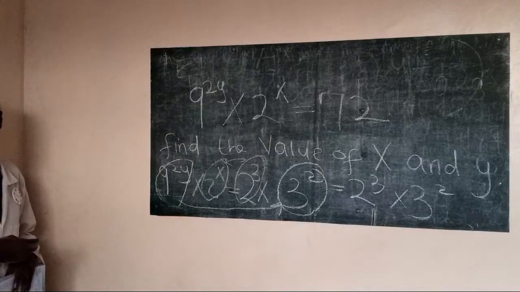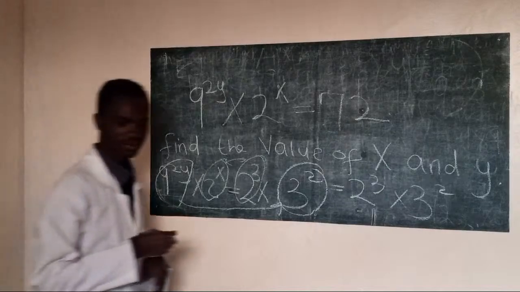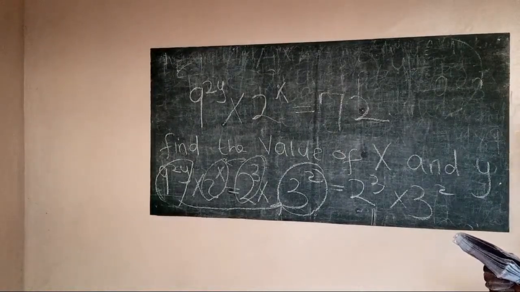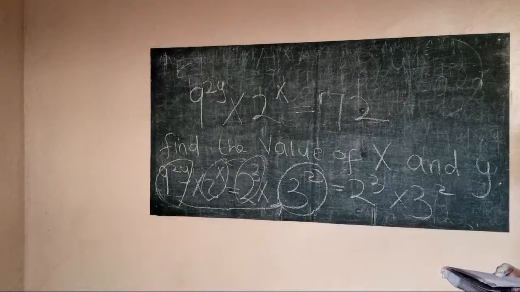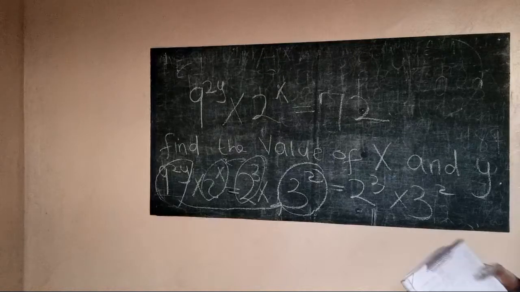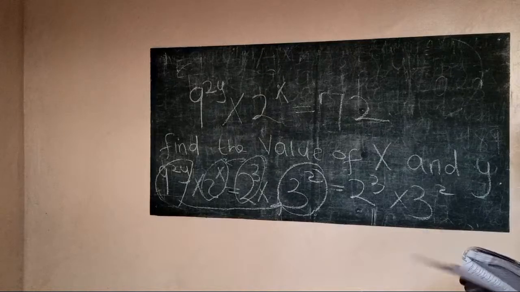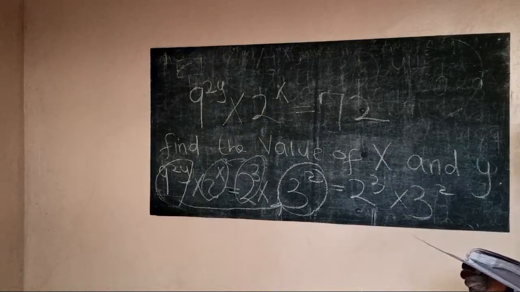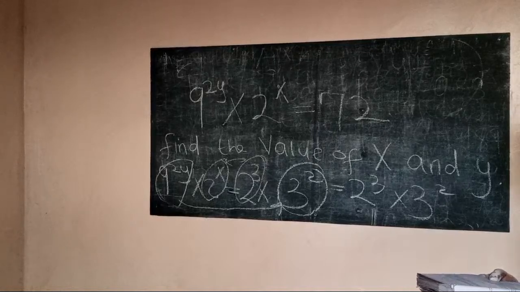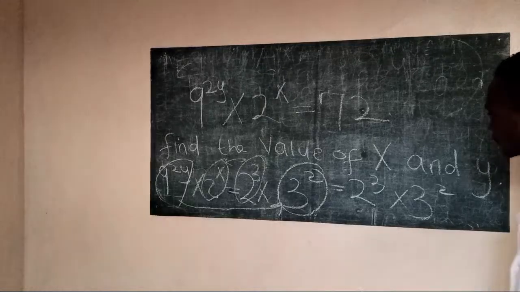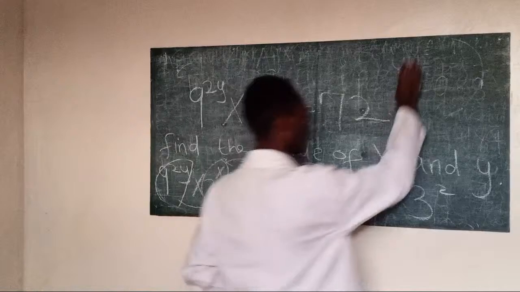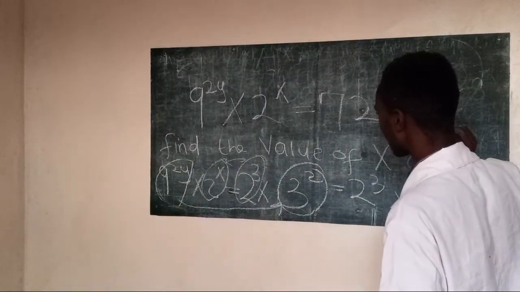Can I now get the value of x and y? Is it possible? Get me the value of x and y. x is equal to 3.